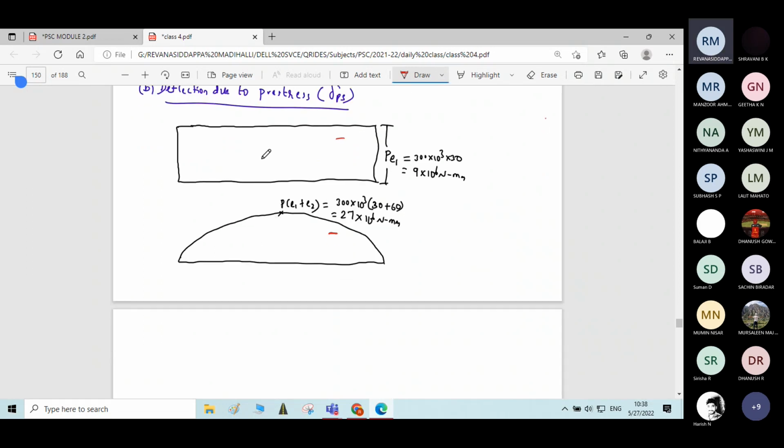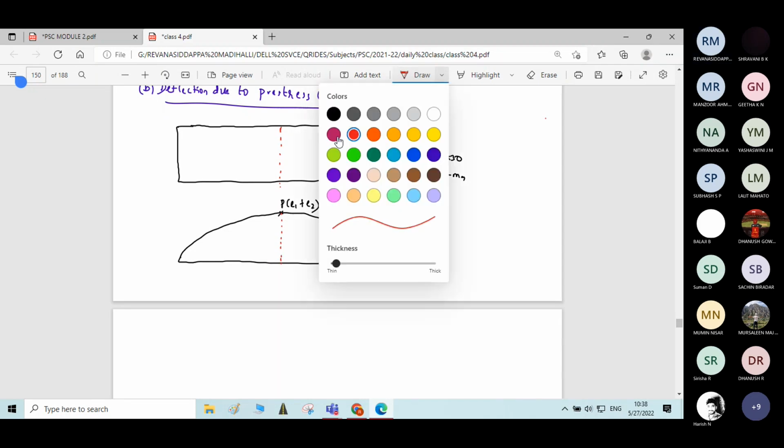Okay, write the central axis now. Rest of the calculation remains the same as we calculated for the previous problem. Same way we have to calculate here using that area into x bar divided by EC into Ix formula.